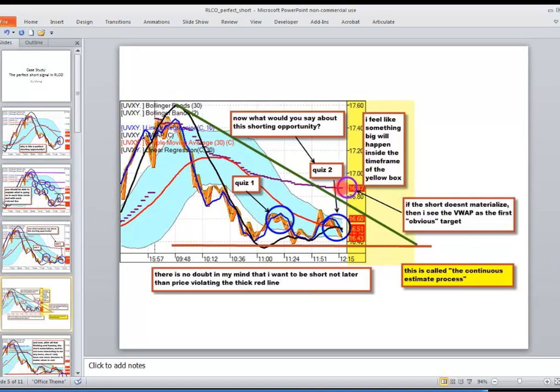A breakout from here has to get to here. The VWAP to me is the first obvious target. Now, if it gets through 1687, then as far as it fell to the downside, it could go that far above the VWAP, which would simply take it back up to the high of the day, which is why on the previous chart I drew that as a retest. That looks to me to be the trading channel.